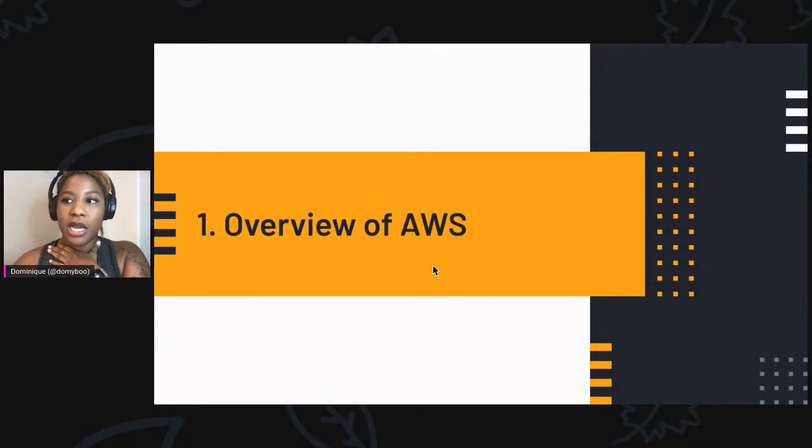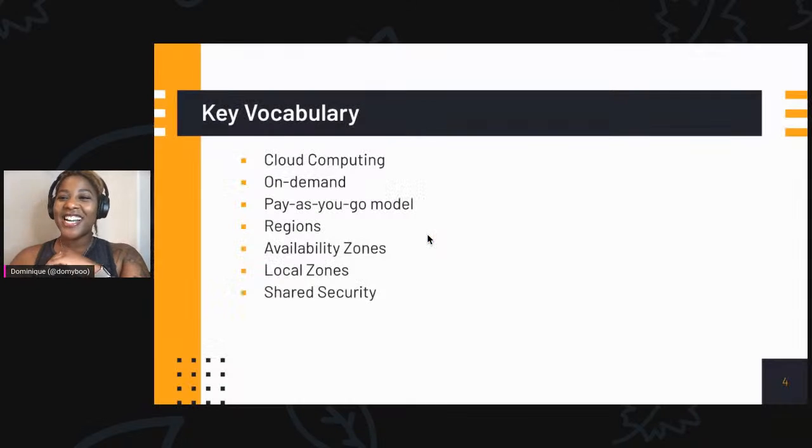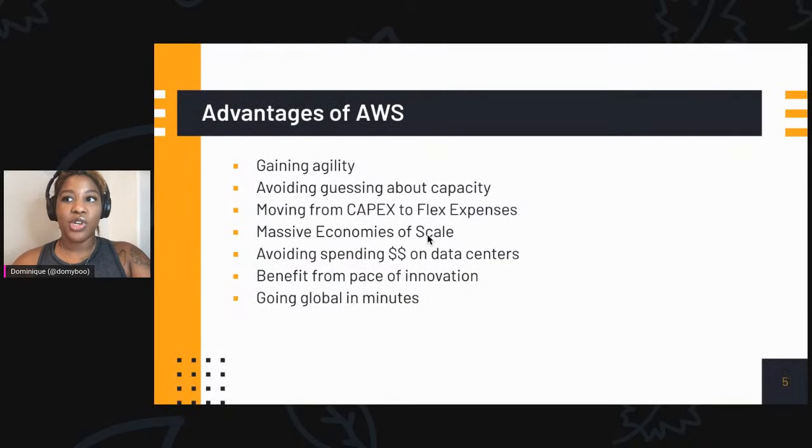The way I broke down my notes is the first is the overview, that's the name of the chapter. I have some key vocabulary that is part of that chapter. As I read this first key vocabulary page, I should be able to understand each one of these. So I should understand what cloud computing is, what on-demand is, pay-as-you-go model, regions, and so on. And then I go into a breakdown of some of the more subcategories within each chapter.